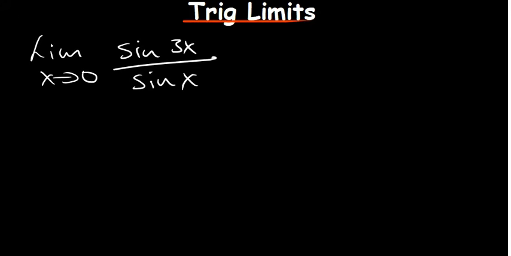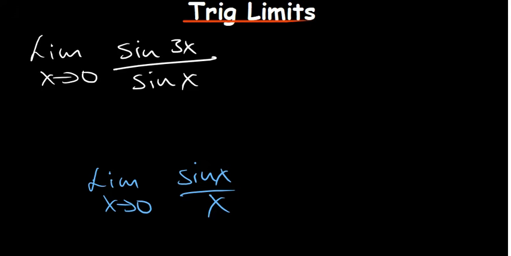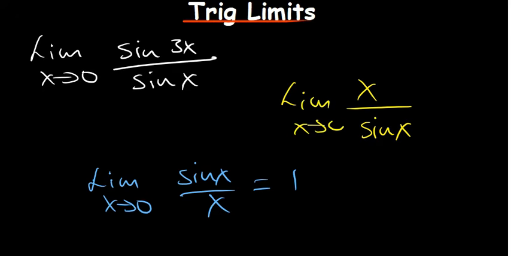One thing I want you to know is that our identity says that the limit as x approaches 0 of sine x over x is equal to 1. Now somebody may ask, what about a case where we have x over sine of x, with the same limit applied? Can you say it's the same as well?